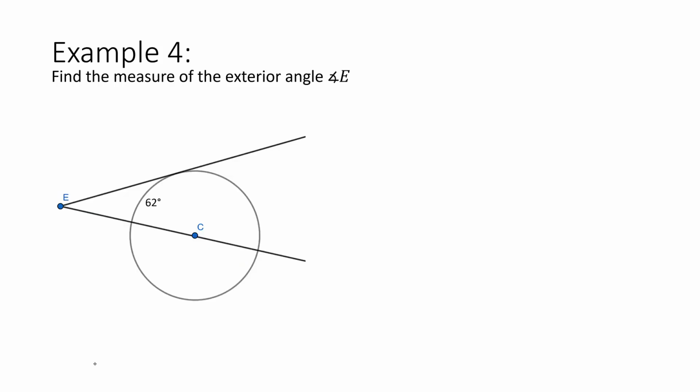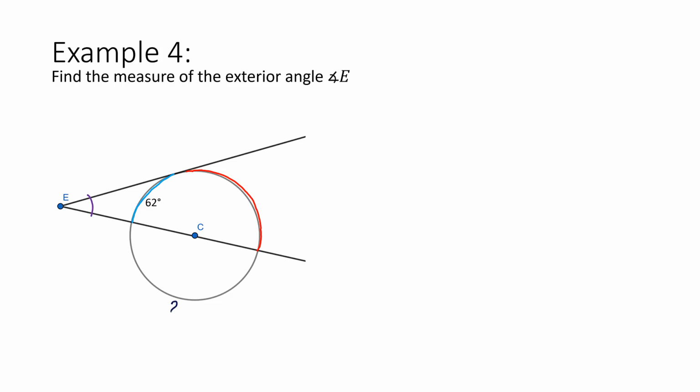Okay, in this example it says find the measure of the exterior angle E. To find the exterior angle we need the major arc and the minor arc. We already have the measurement of the minor arc, 62 degrees. But we need the measure of the major arc, the one that I'm marking in red. But I see that I don't have the measure of the remaining part of the circle.